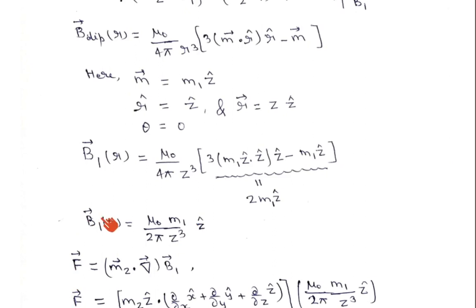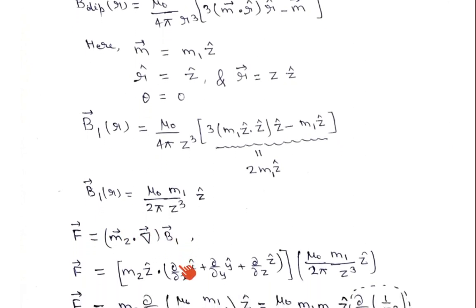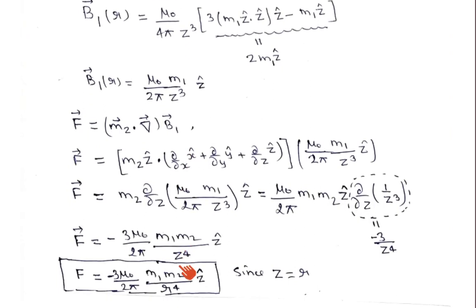So the force on m2 will be equal to m2 vector dot del operator, in brackets, acting on B1 vector. If you simplify this formula, we can write m2 along the z unit vector, that is m2 z unit vector, dot product with the del operator, del upon del x unit vector plus del upon del y unit vector plus del upon del z unit vector, and then B1, which is equal to mu 0 upon 2 pi, m1 upon z cube, into z unit vector.